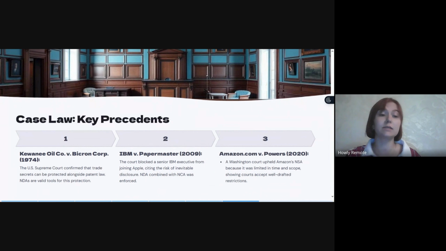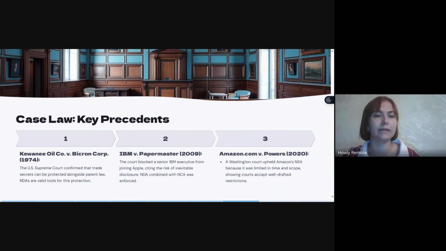So this case shows that NDAs are important because they allow companies to protect sensitive information that might not be patented or might be kept secret for competitive reasons. In other words, NDAs and trade secrets are additional tools alongside intellectual property law to safeguard business assets.